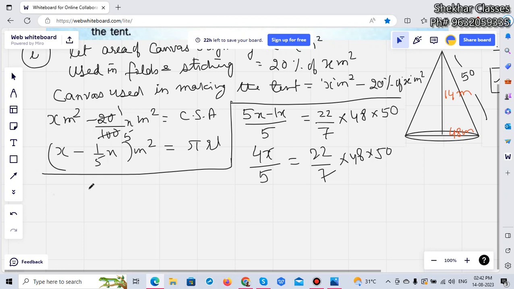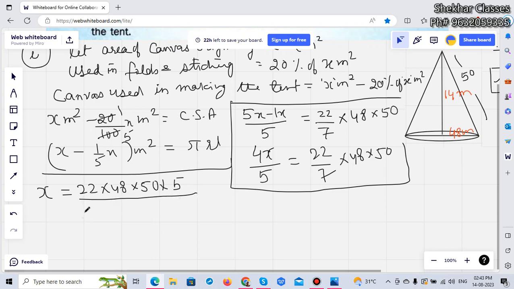So x here would be x will be equal to 22 into 48 into 50 into 5, divided by 4. This 4 has come down into 7.